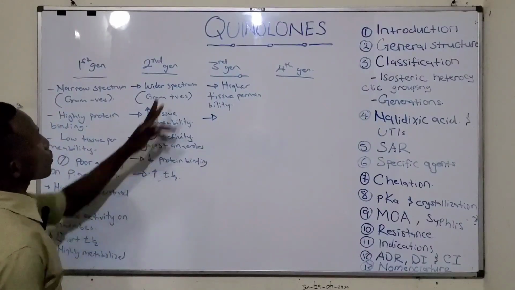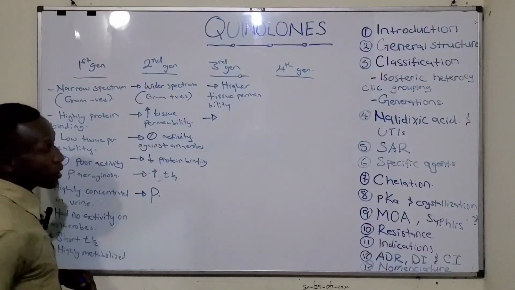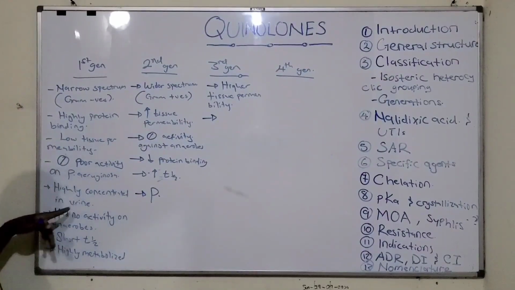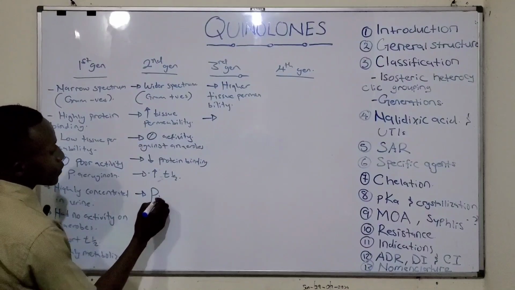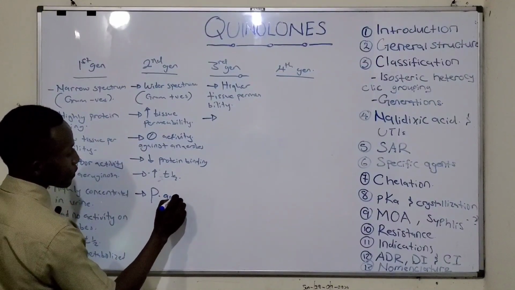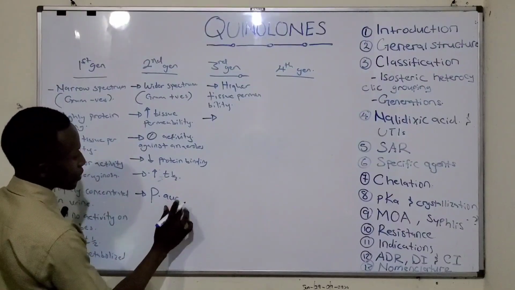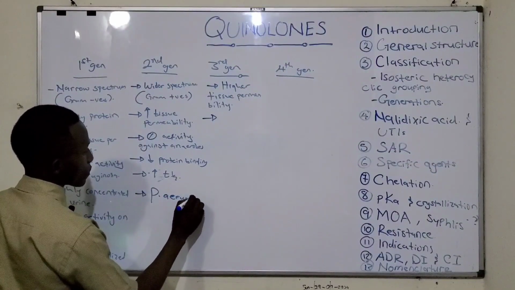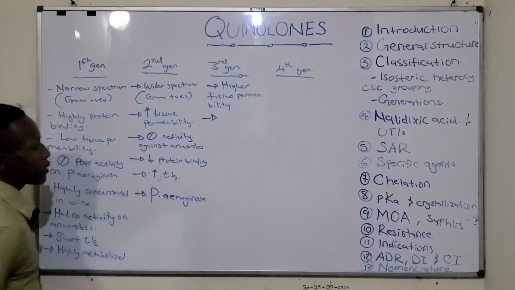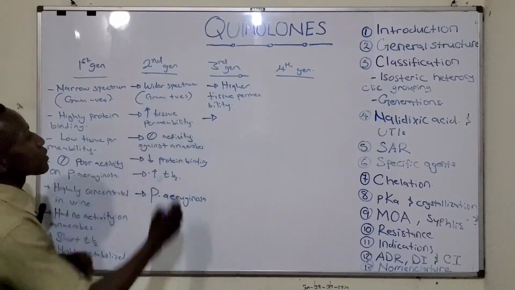Then also in second generation, the activity against Pseudomonas aeruginosa, which had poor activity in the first generation, was increased. So they have activity against Pseudomonas aeruginosa.